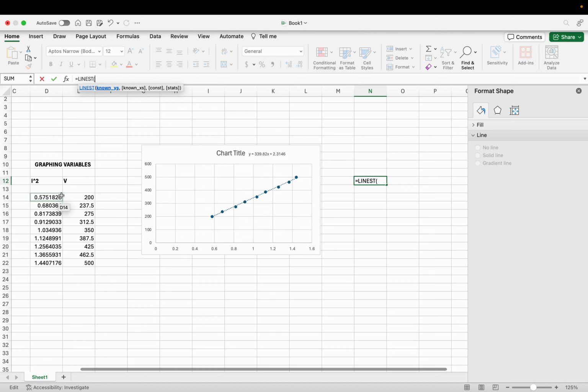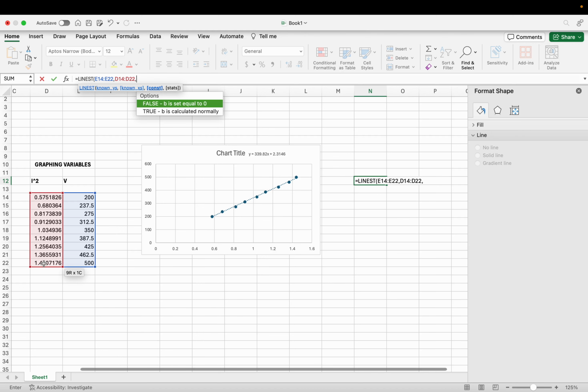So of our data, what are the y values that we know? We're plotting voltage as our y values. So I'm going to select my voltage data here, okay? And now it wants me to put a comma, and now it's prompting me to add the known x's. Well, these are my known x's, my x values, okay?